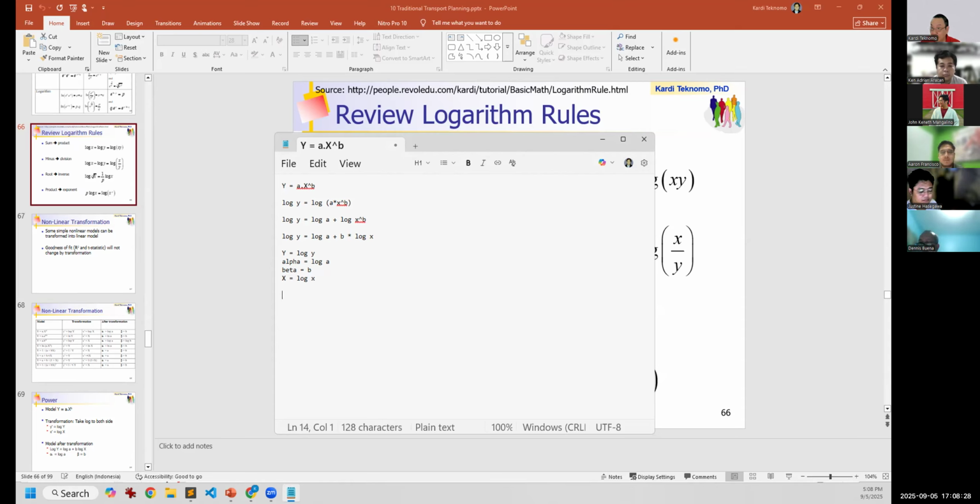Can you see this? Now what we have is Y equal to alpha plus beta multiplied by capital X. So this is a linear model, correct?